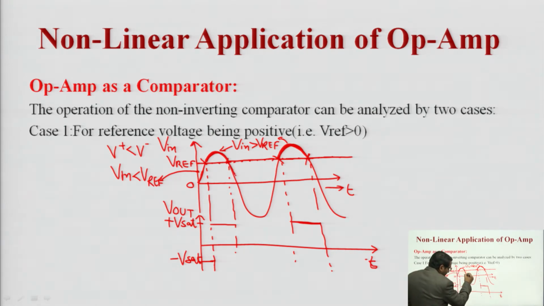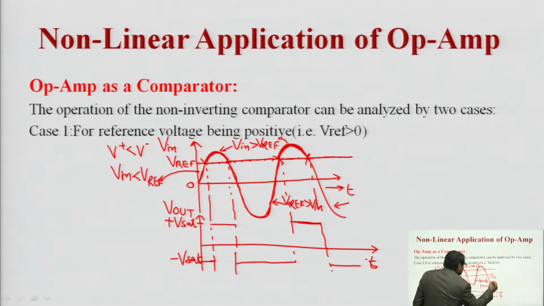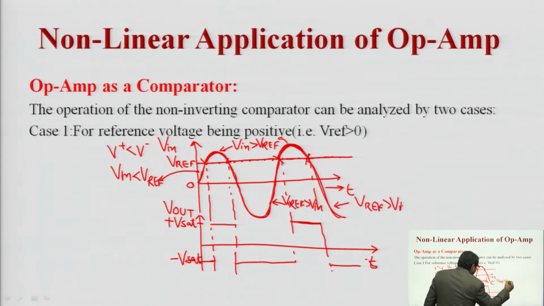In a similar fashion, if you consider this sinusoidal section, for this region also V reference is greater than V in, then the output is minus V sat, and for this region also V reference is greater than V in, then it is also minus V sat.